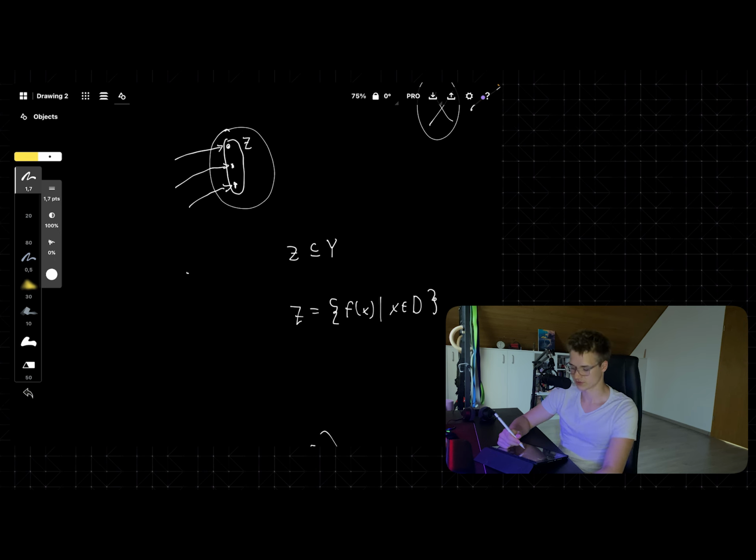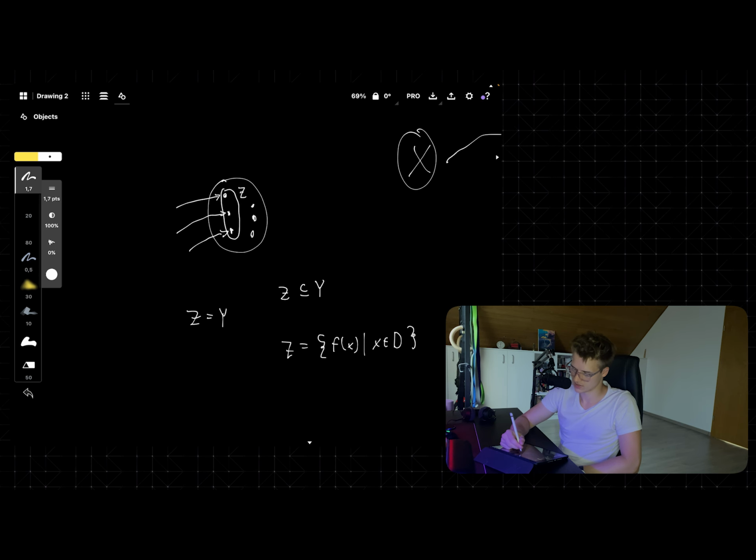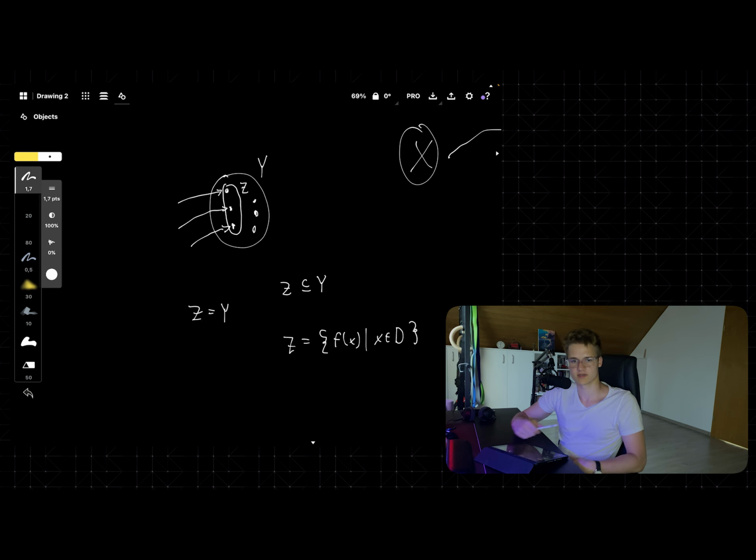So that's the range, the elements that it does hit. And a function is surjective if Z is equal to the codomain. So if the range is actually the whole codomain, there are no elements that aren't being hit. All of the elements have to be hit. Okay? So that's what surjective means.